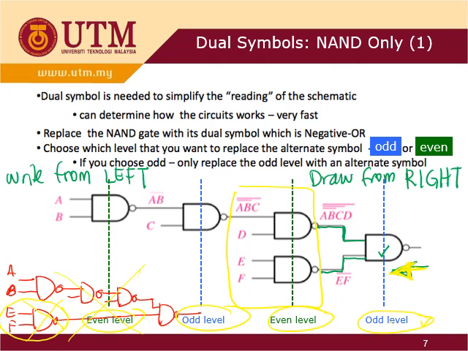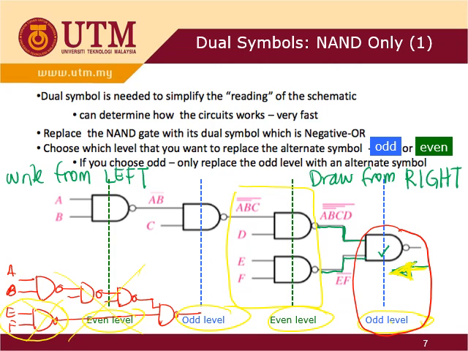So this slide starts from the right: odd, even. Then the next thing you need to do is choose one level. You can choose even, you can choose odd, but I usually always start with whatever the level of my last gate, my output gate. In this case, this is odd level. So I'm going to choose odd level.